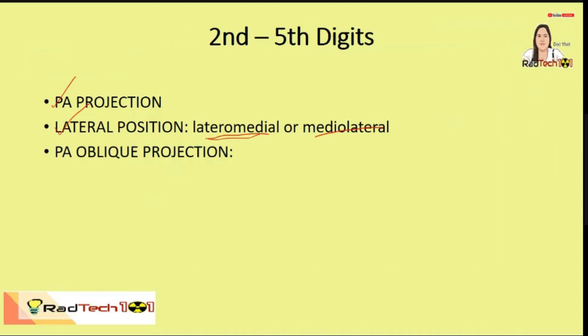this is a position meaning the lateral portion of the digit. If you can recall, again, I hope you can recall your lateral and your medial side based on our anatomic position. So the lateral portion is near the table. Pag medyo lateral, the first one, this is near the table.